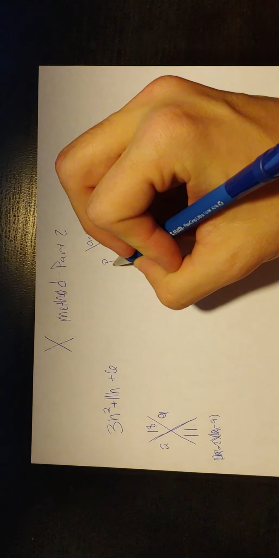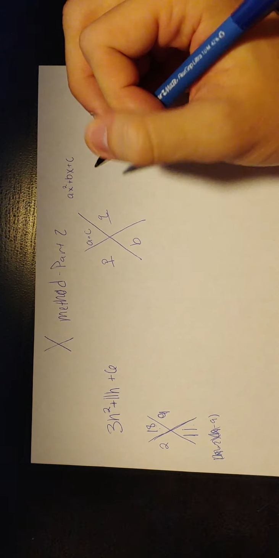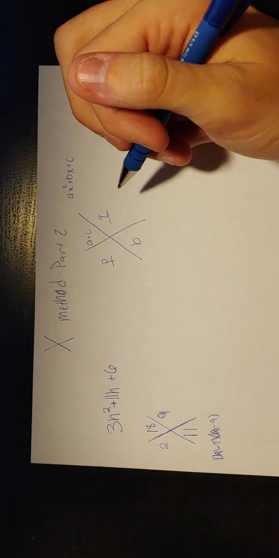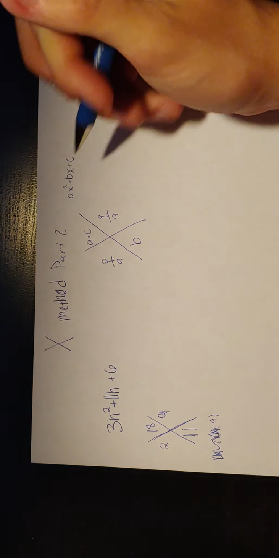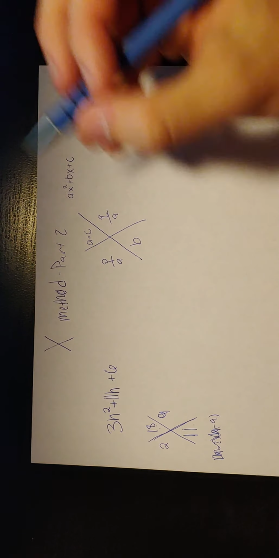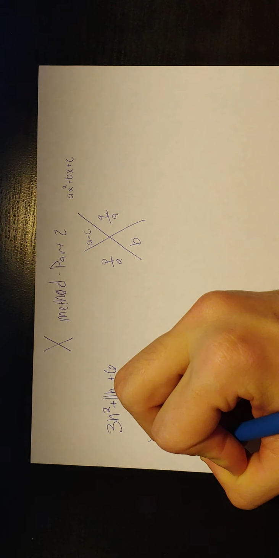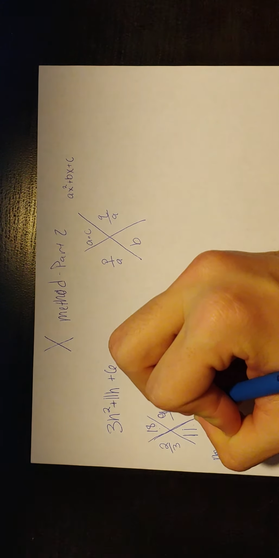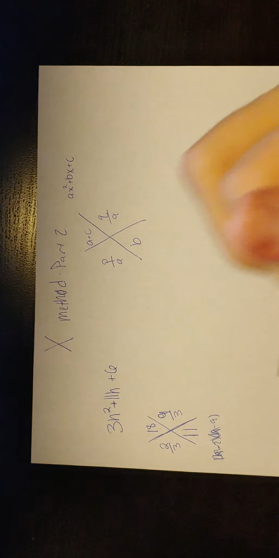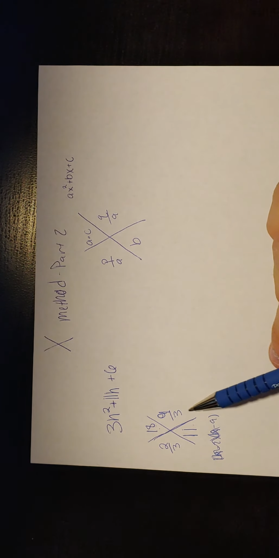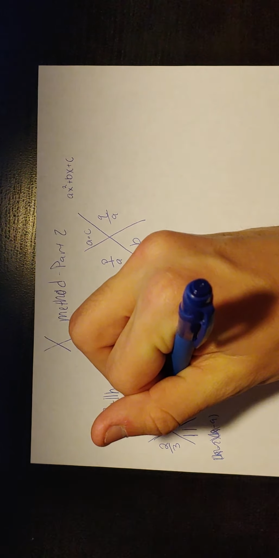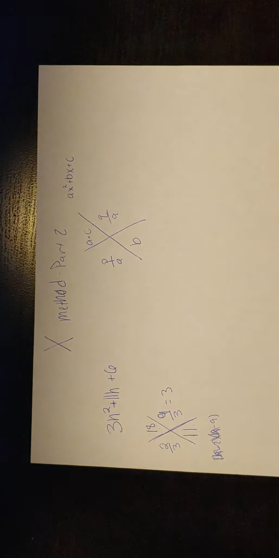Over here, for our p and our q, after we find that, we divide by the a, the coefficient of our x squared. So I divide by 3, and then over here I also divide by 3, and see if they reduce at all. So 2 over 3 does not reduce, so I'm going to leave that alone for the time being. 9 over 3, however, does reduce to 3.